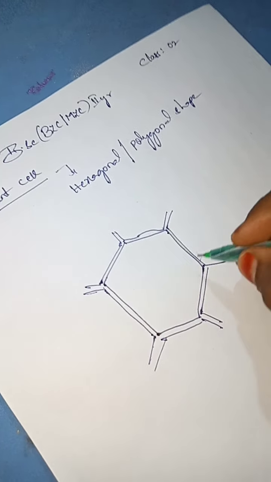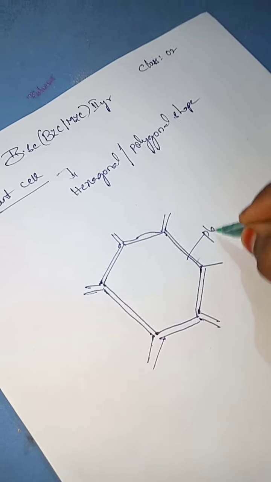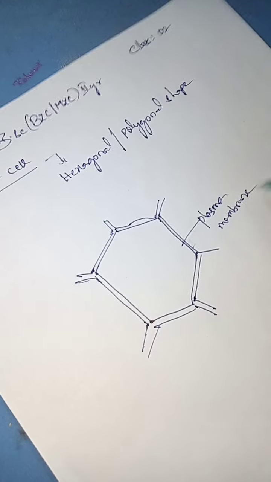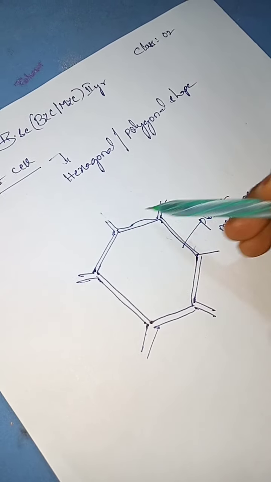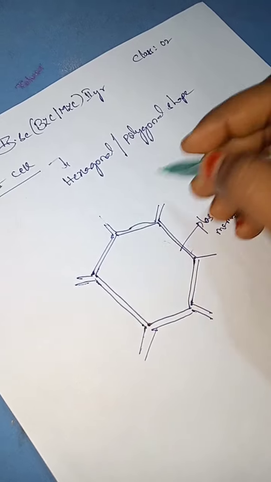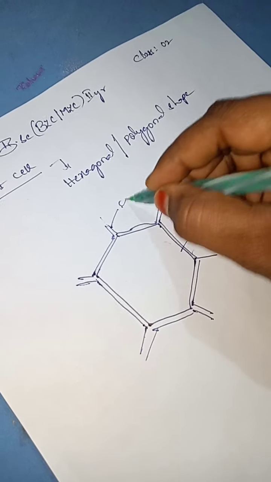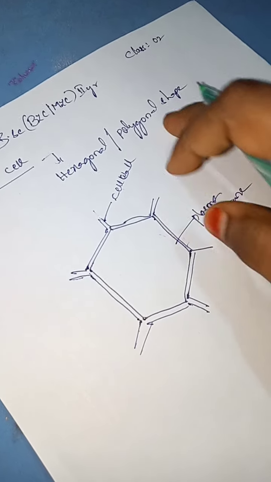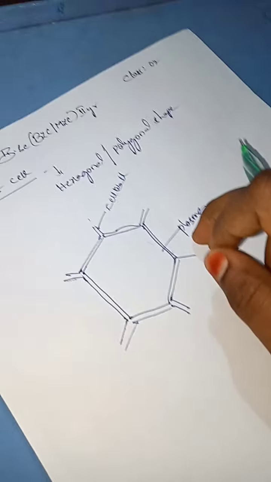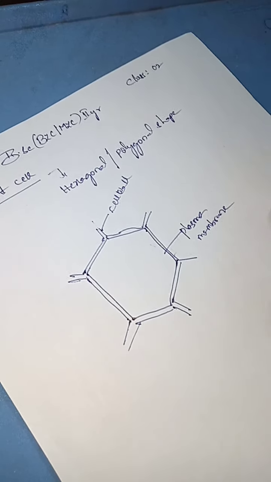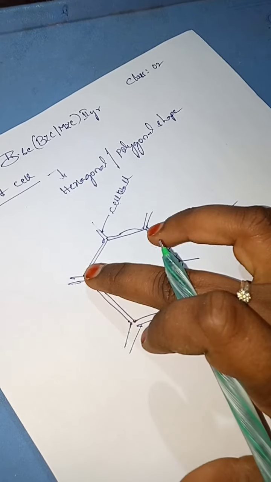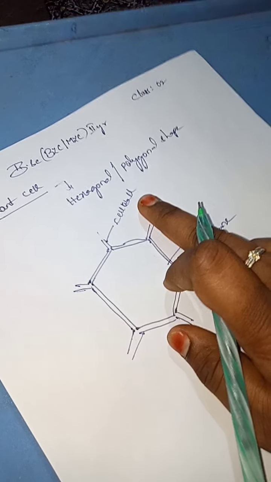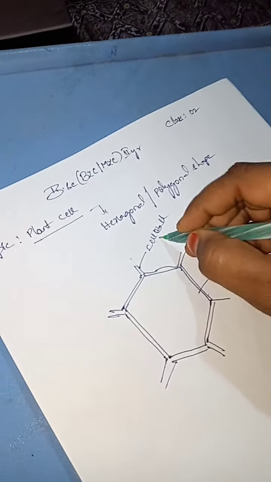The outer layer we have drawn is called plasma membrane. And an additional layer also we have drawn, that is a cell wall. The plasma membrane is made up of carbohydrates, lipids and proteins, and the additional layer present on the outer side of the plasma membrane is called cell wall. This cell wall is made up of cellulose.